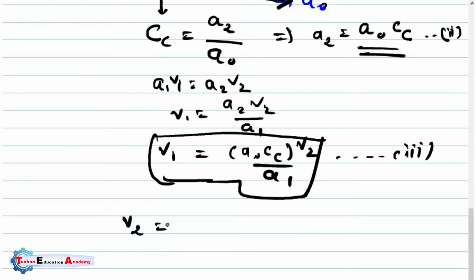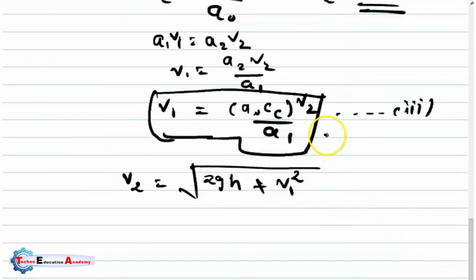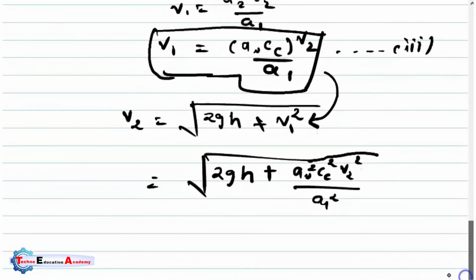V2 is equal to root of 2gh plus V1 square. Now applying the V1 value, under root 2gh plus A0 square Cc square V2 square divided by A1 square.